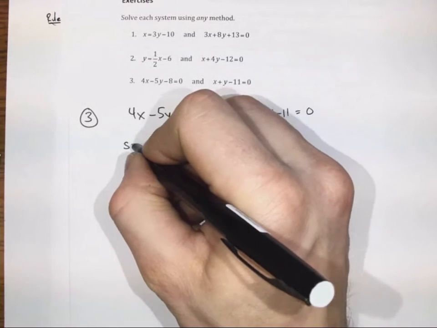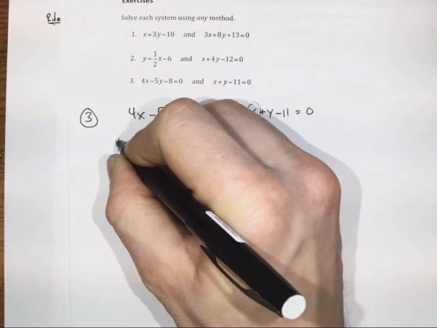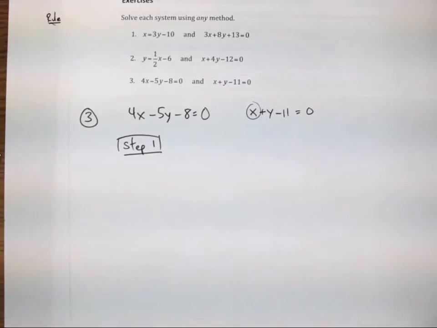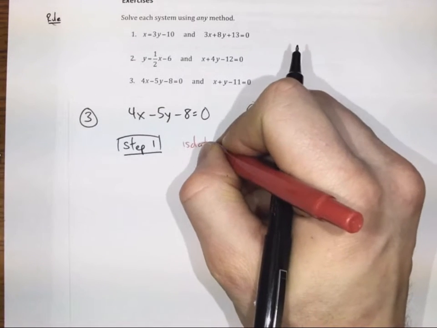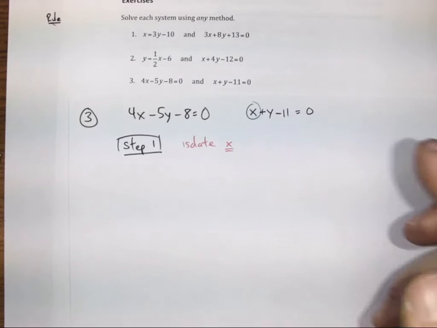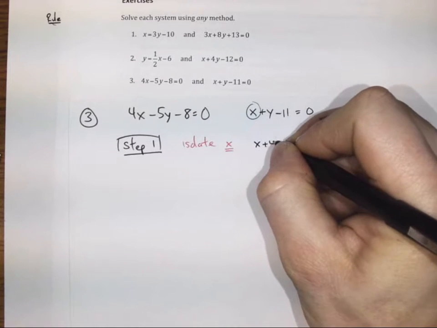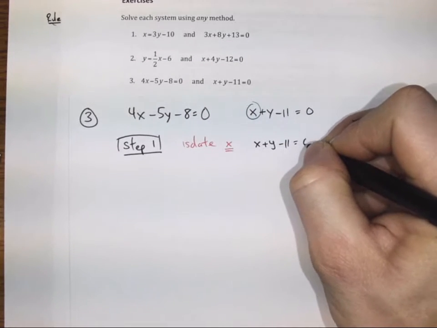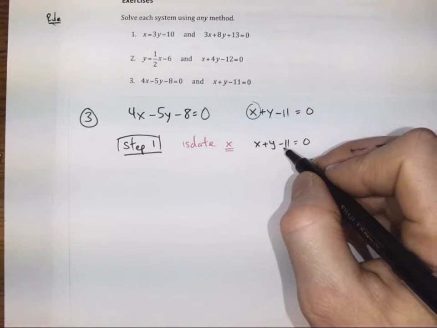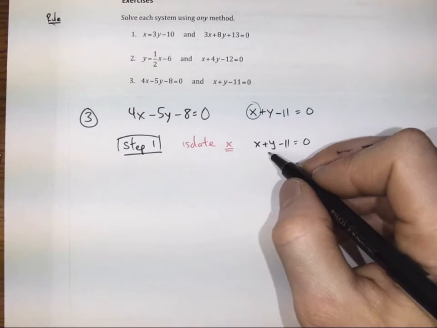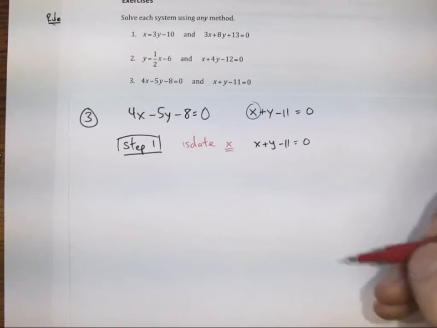So for step 1, we're going to isolate x in this expression: x plus y minus 11 is equal to 0. We're going to get x by itself. So we'll start with all the things that are not being multiplied, so added or subtracted.